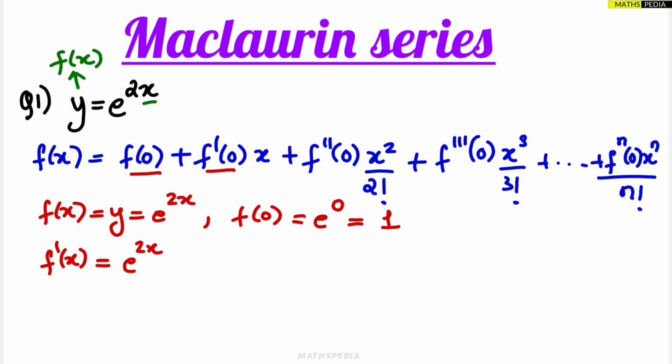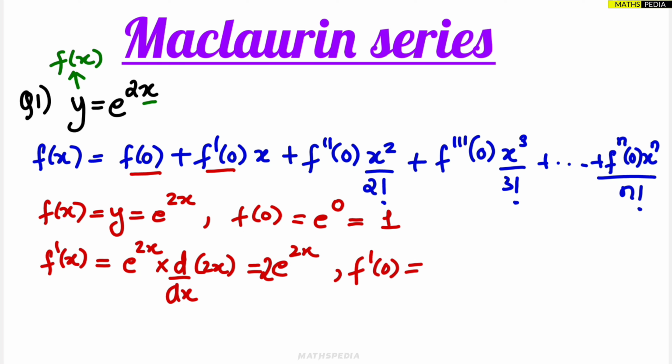But in place of x I have 2x, so I have to differentiate 2x as well. This is nothing but the chain rule. So e power 2x into the differentiation of 2x with respect to x, which is 2. So I can directly write 2 into e power 2x, right? For f dash of 0, it is 2 into e power 0, and e power 0 is 1, so it will be 2. Done.